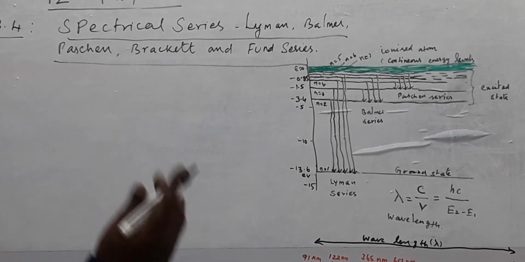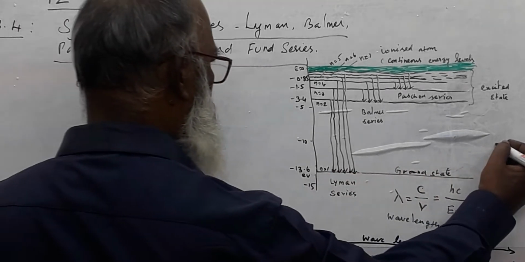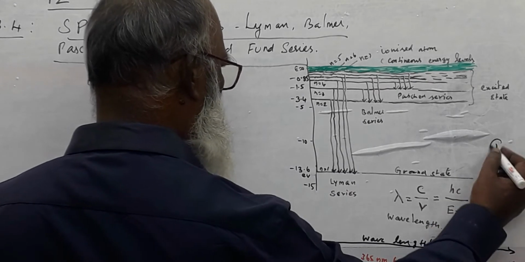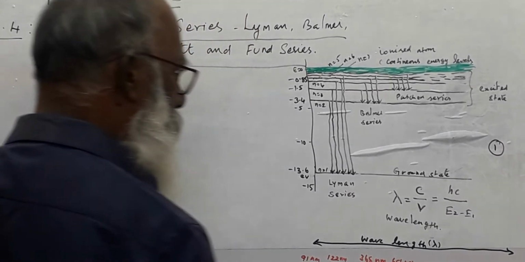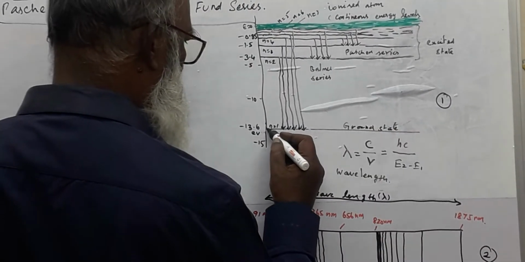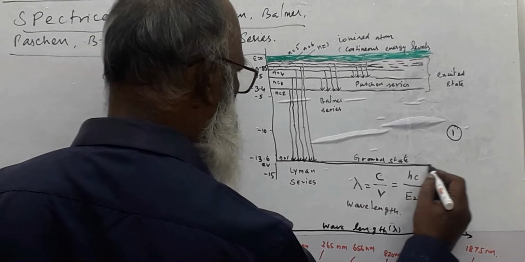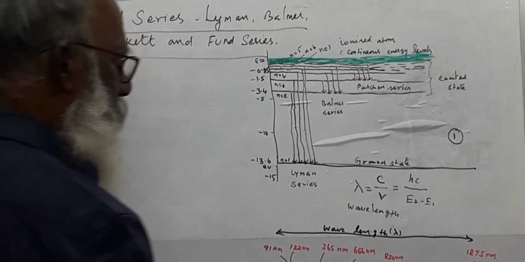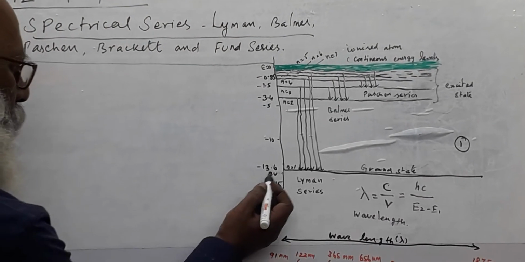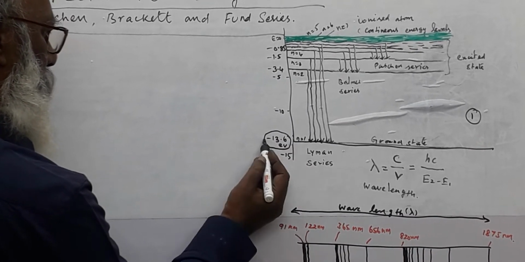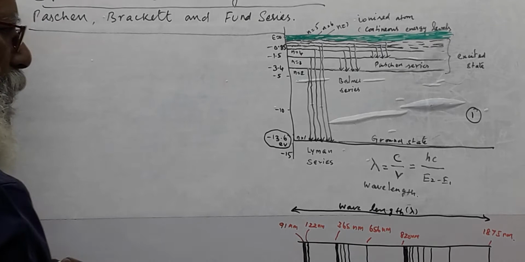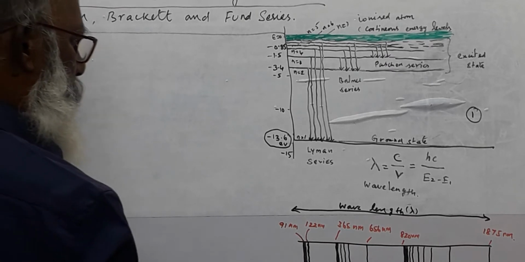Suppose you consider figure 1 and figure 2. As for figure 1, this is called the ground state. In the ground state, we already know that the energy of the electron is equal to minus 13.6 electron volt.